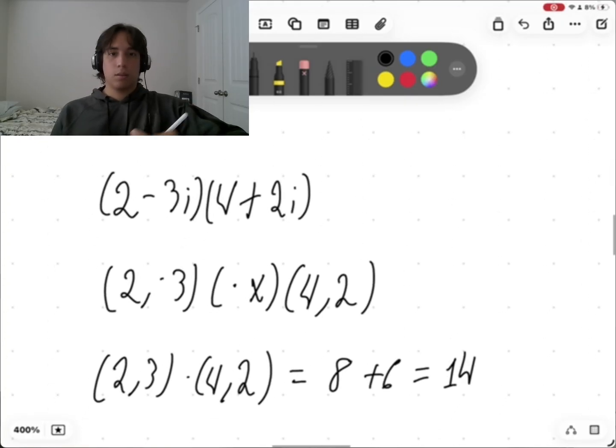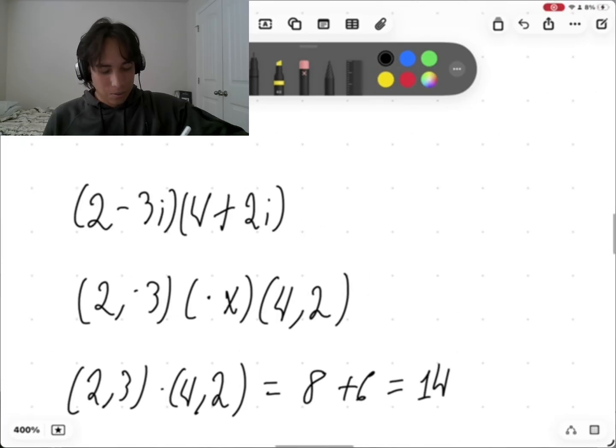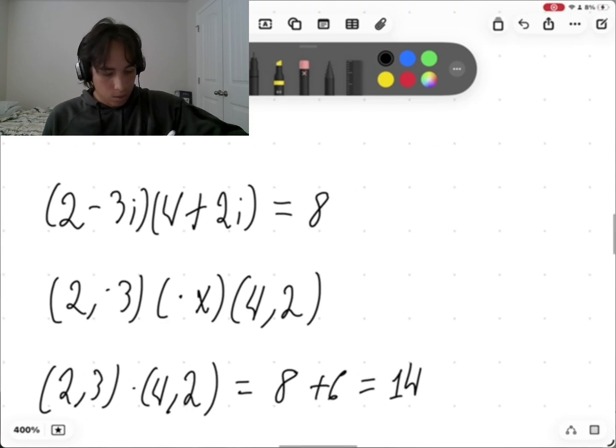And this is one where for me it was a little bit easier to treat the complex numbers as polynomials, because I could not find a way to treat them as vectors. So if we treat it as polynomials and we use FOIL, we get 8 plus 2.